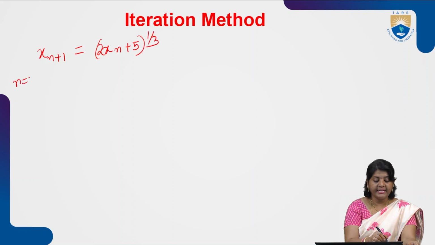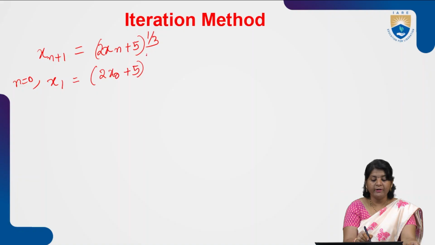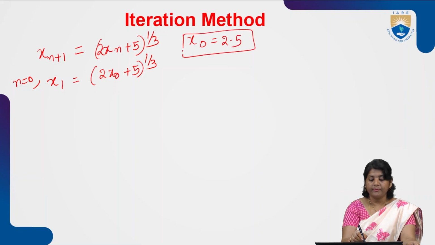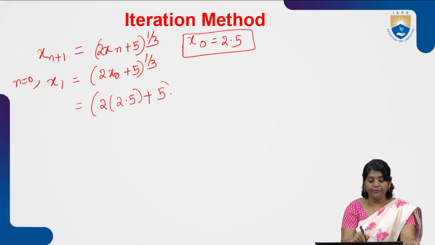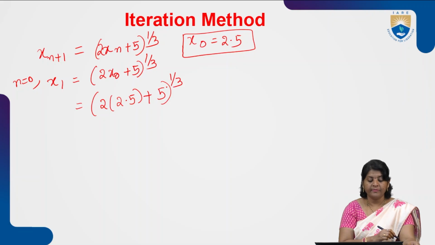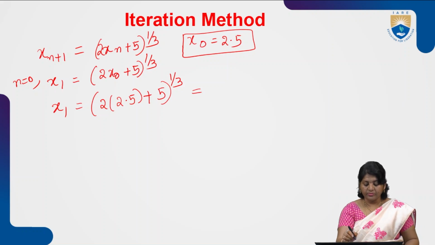For the first time, n is equal to 0, x1 is equal to (2 into x0 plus 5) whole power 1 by 3. As per our assumption, x0 we considered 2.5. So now (2 into 2.5 plus 5) whole power 1 by 3, and this is x1. The value of this x1 is 2.1544.